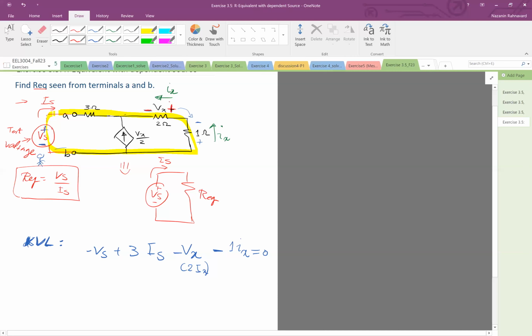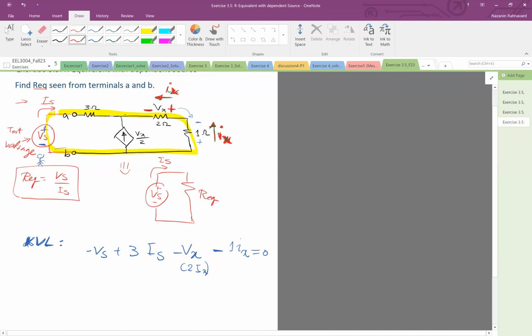Therefore, I use the passive sign convention. I define Ix this way, and if it's going that way, it's also this Ix, which is good. But when I'm writing the KVL here, we hit the minus here, so negative Vx.